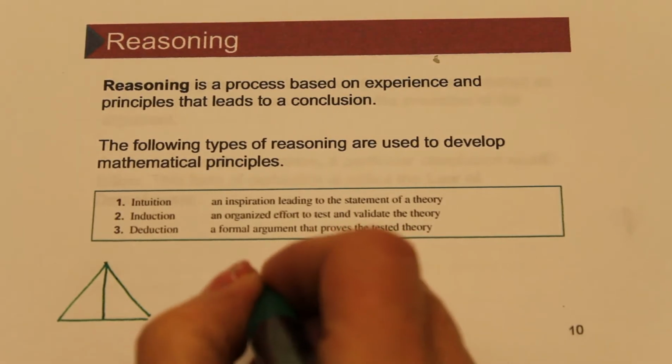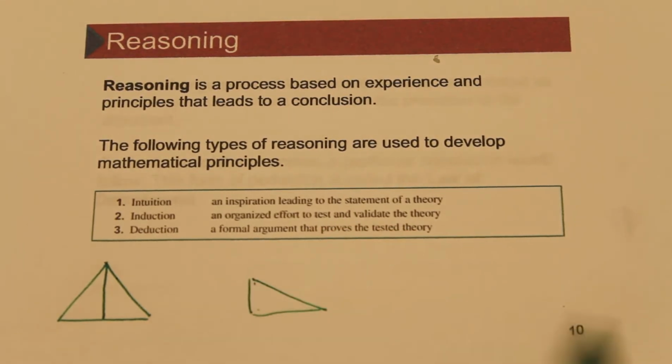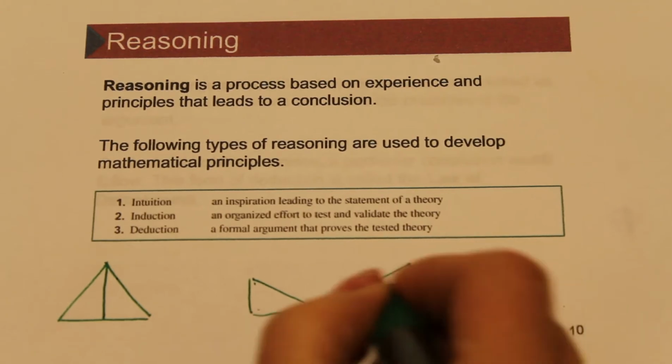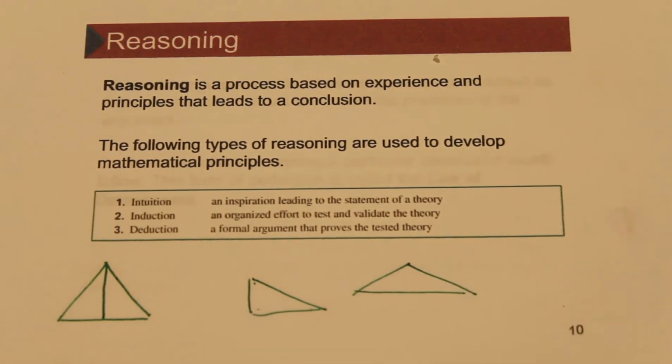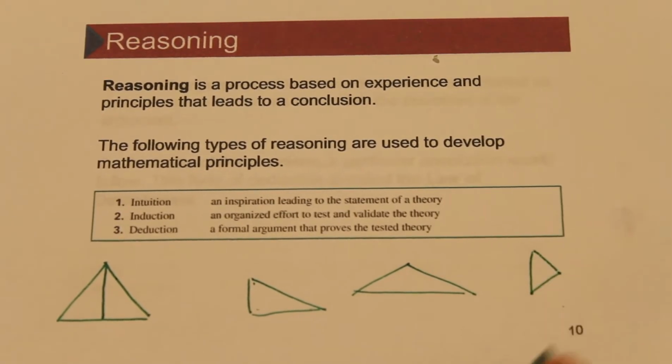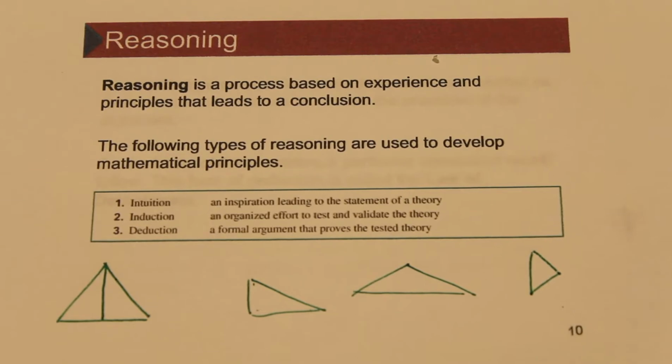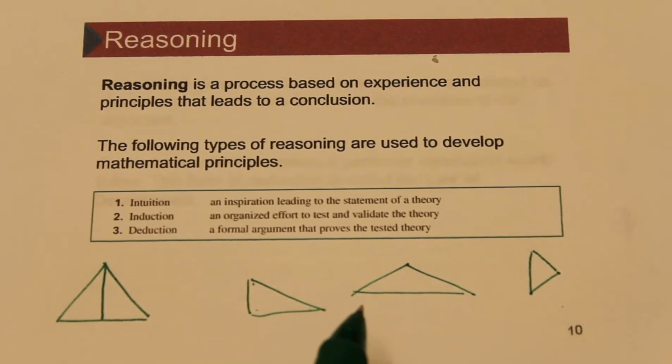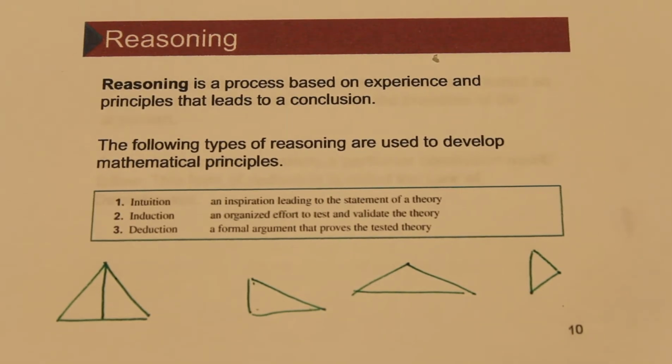So if I had a triangle and the sum of all the angles is 180, and here's a totally different triangle and the sum of all the angles is 180, and here's another triangle and the sum of all the angles is 180. It would seem that as many triangles as I draw, the sum of all the internal angles is 180. Based on this experiment or observation, we would probably draw the conclusion using induction that the sum of all the angles of a triangle is 180.